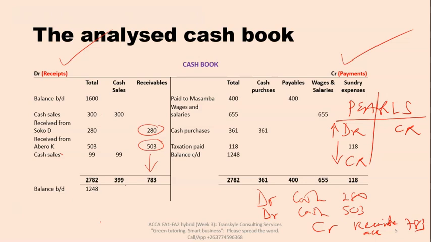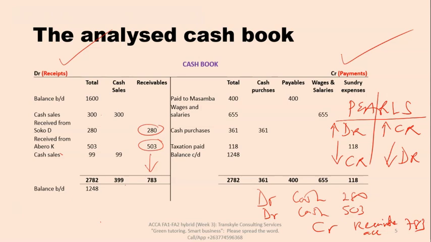You then go to the other side of the PEARLS, the RLS. These ones are credits. They are increased by crediting. Revenue, income, liabilities, share capital, they are all credits by default. But when you want to reduce them, you debit. So it's simple. Accounting is very simple, isn't it?